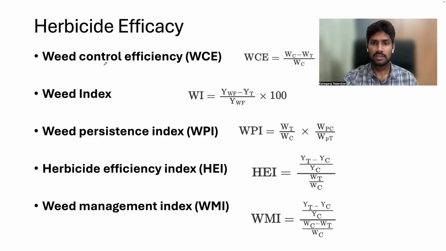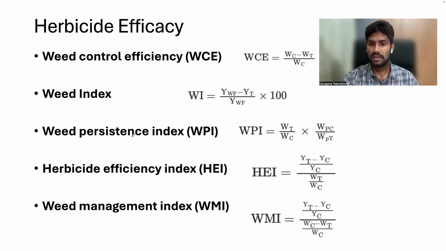We calculate based on 2 major parameters. One is how efficiently the herbicides are controlling the weed population, and another parameter is yield. Here the first 2 important parameters are weed control efficiency and the weed index.